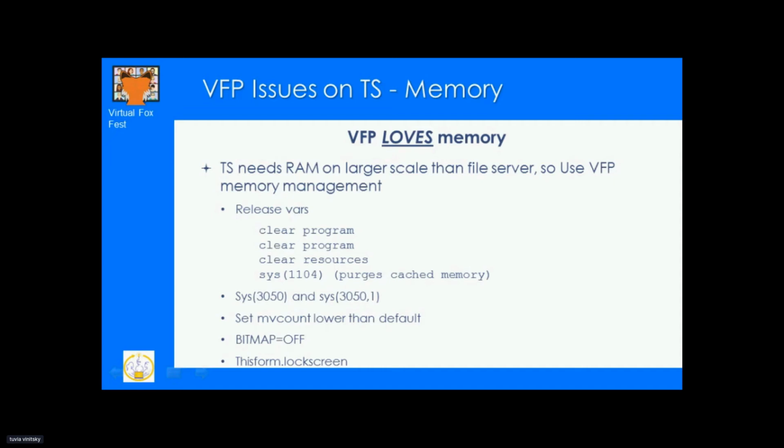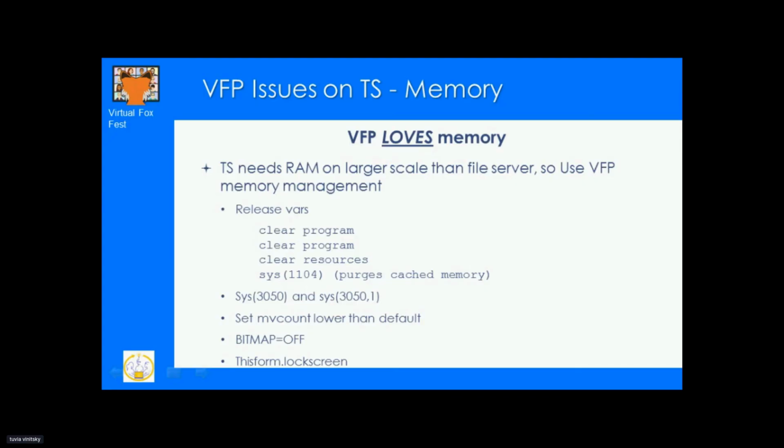Now, SYS(3050) sets the amount of memory that VFP uses for buffers. What you do is you start VFP and you check SYS(3050, 1), and that will tell you how much memory VFP initially allocated for buffers. It's usually way more than it needs, in which case you can use SYS(3050) to set it lower.